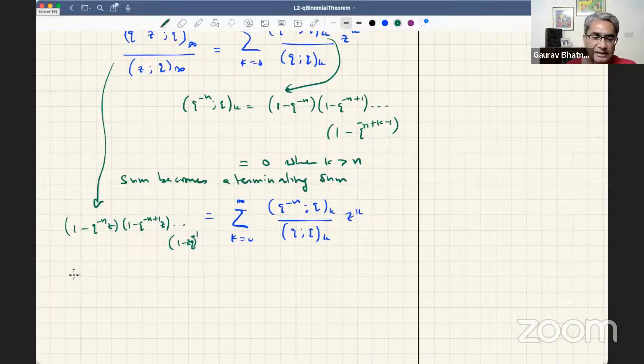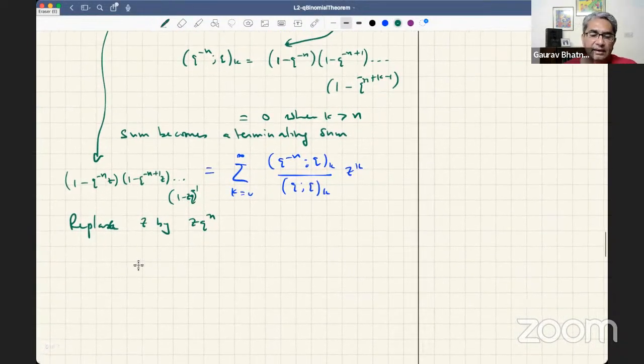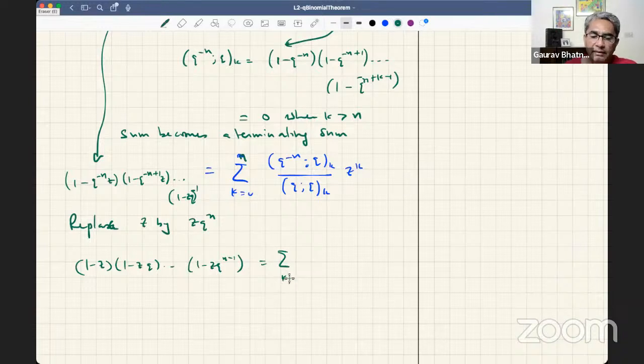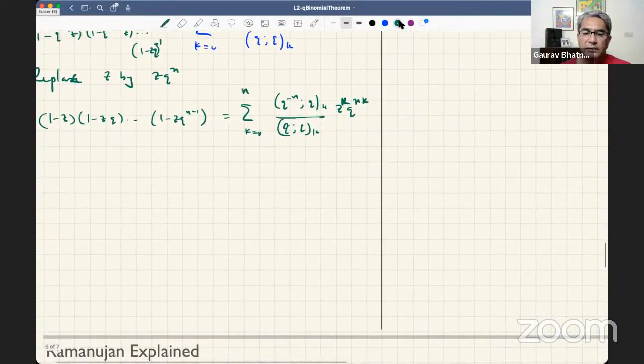So if we replace z by zq to the n on both sides, then we will get 1 minus z, 1 minus zq, and so on up till 1 minus zq to the n minus 1. And here you get the sum, k going from 0 to n, of (q^{-n};q)_k over (q;q)_k z to the k, q raised to nk.